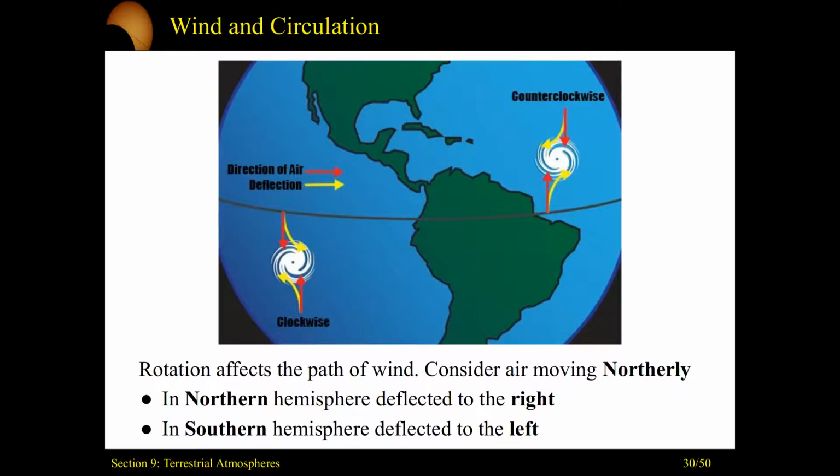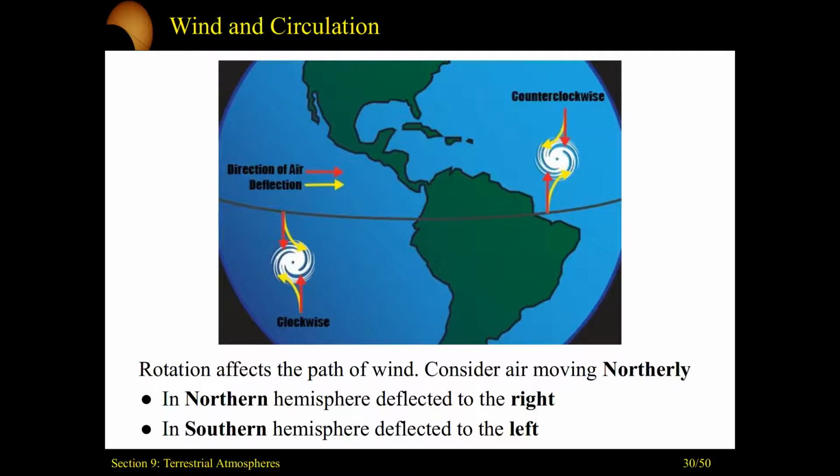Correspondingly, if you go to the southern hemisphere, once again, it's this arrow here that I'm talking about. This air is going northerly but it's in the southern hemisphere? Well, because of the rotation of the planet, this southern hemisphere northerly moving air, try saying that three times fast, will be deflected to the left.